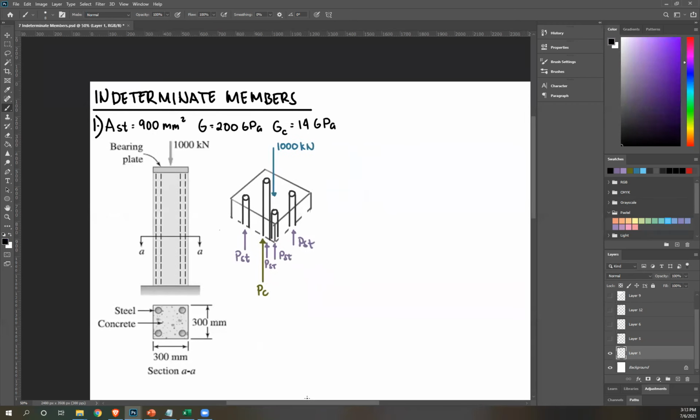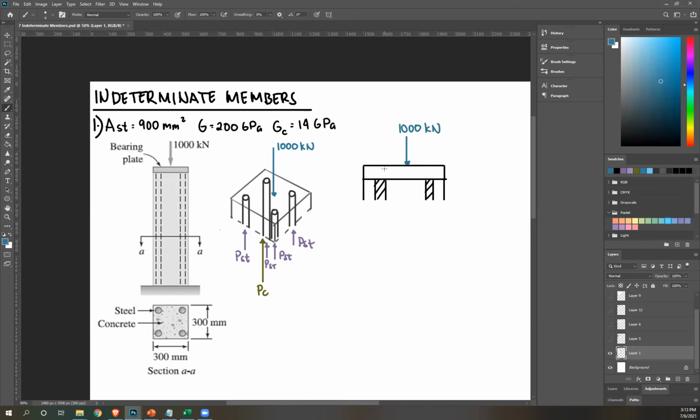To get a clearer view, we can also draw a 2D version of this, which looks something like this. You have your plate, your bar, and since this is just front view, you can only see 2 at a time. Again, we have this applied force, 1,000 kilonewton.